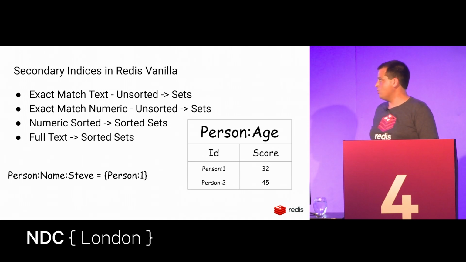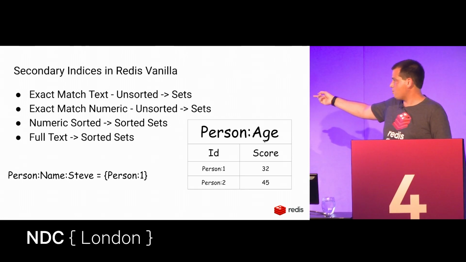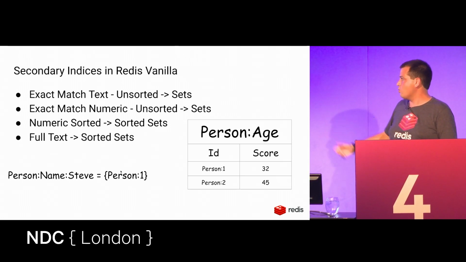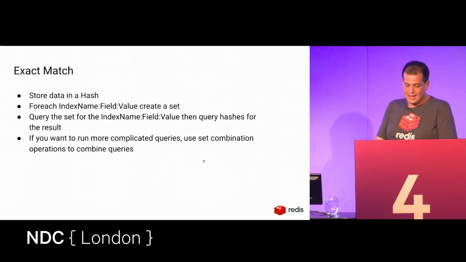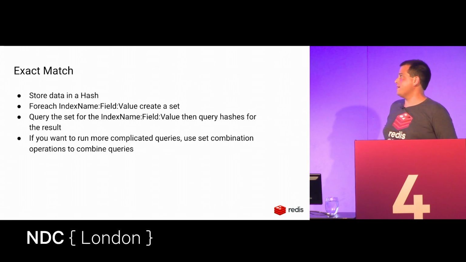And full text you also build off of using sorted sets. So these examples here are basically a sorted set on the right, or just an unordered set on the left. And as I was showing you before, you can add things to them to actually build your index out.